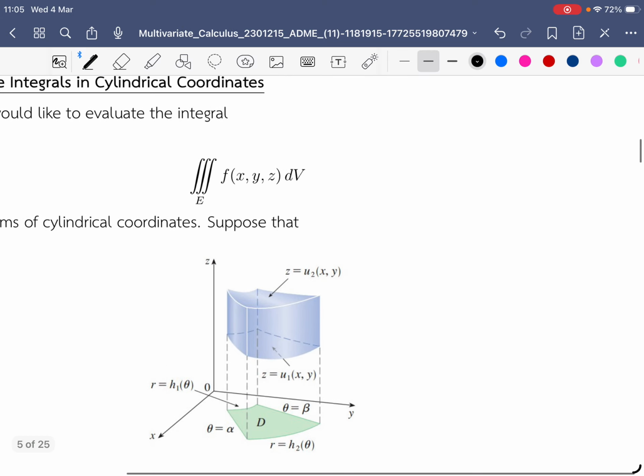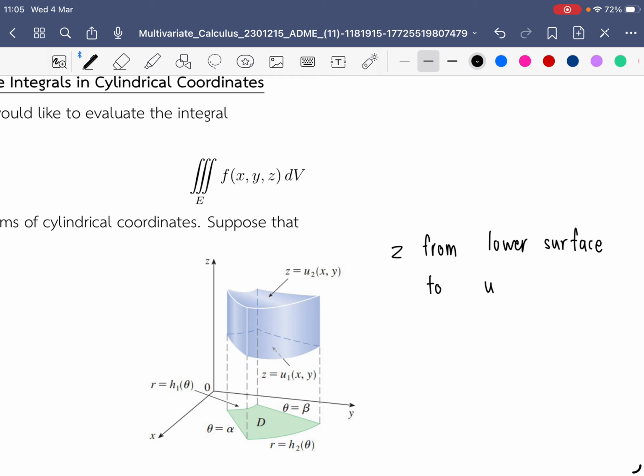You have to figure out what the surfaces are. That will help you determine the values of z. And your z is usually in the form of x and y, and then you can change it into r and theta. That's your first integral, the innermost one.